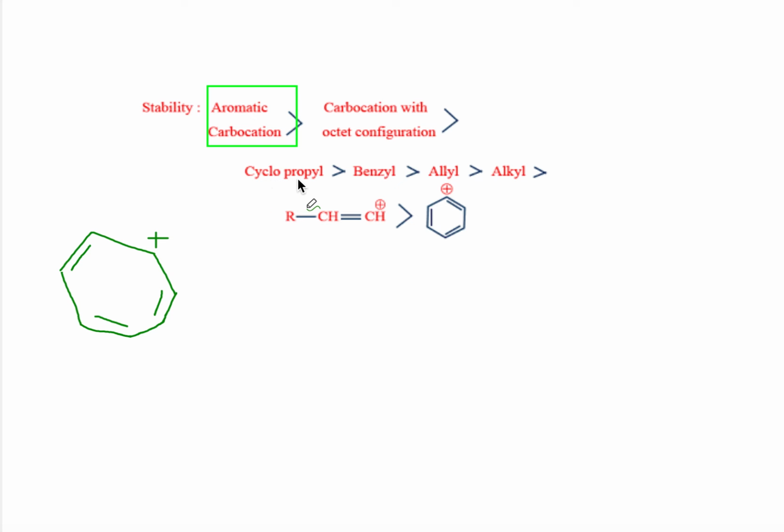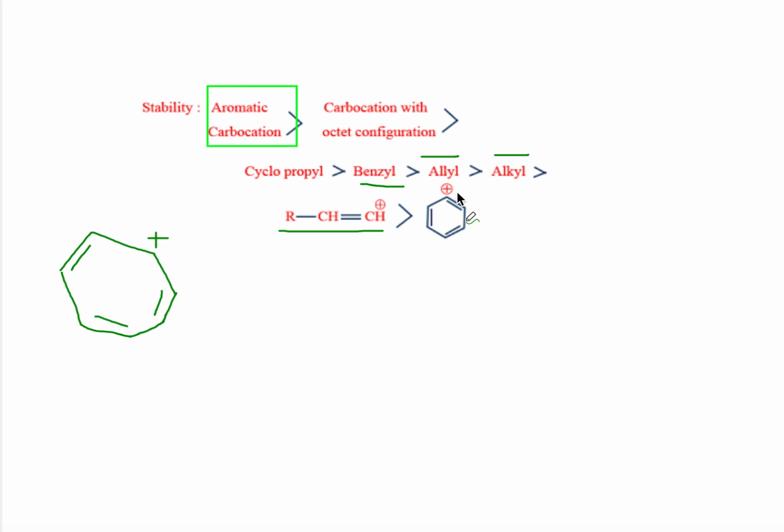Then next comes the cyclopropyl group. Any carbocation bearing cyclopropyl can greatly influence the stability of the carbocation through CC hyperconjugation. Then we can have the benzyl carbocation in stability order, whereas allyl comes next and alkyl carbocations come down in the sequence.